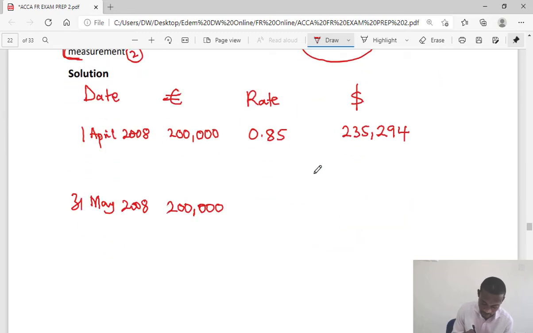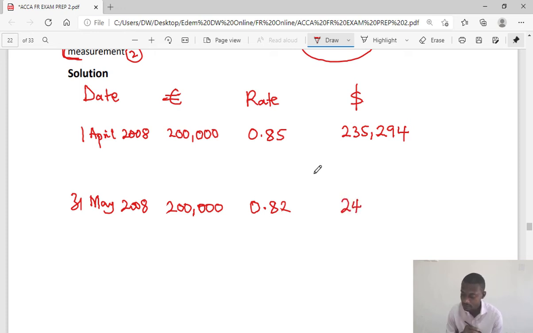0.82. Now, if we divide 200,000 by 0.82, that should give us 243,902.